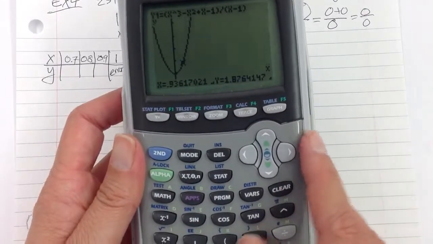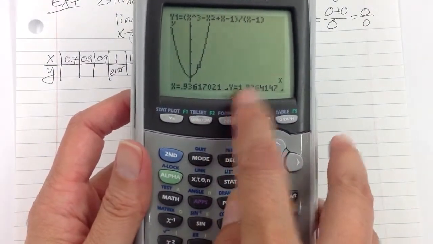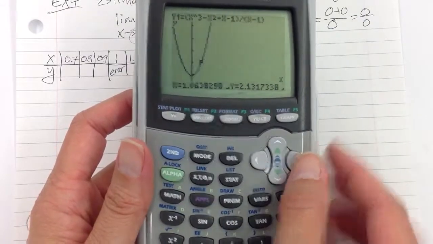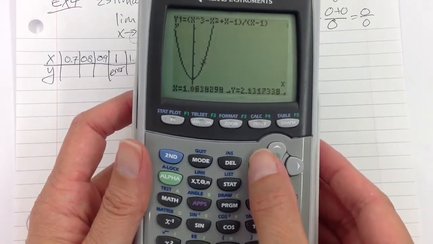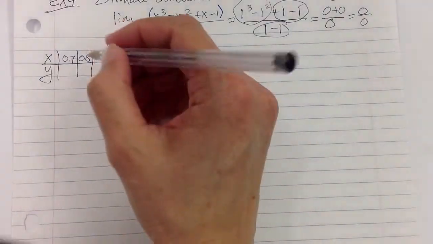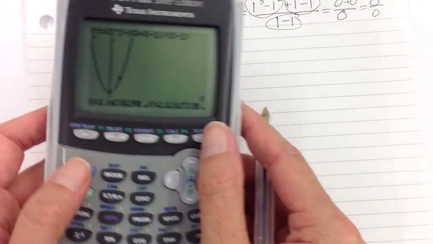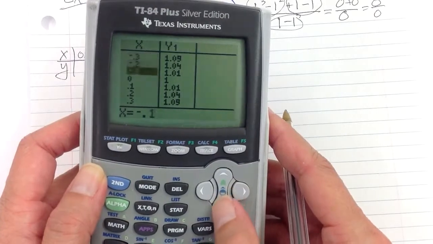So there we go. I'm getting closer to 1, and it looks like it's getting close to 2. So as I go in to 1, it goes right over 2. So yeah, it's approaching 2 as I get closer and closer to 1. So these values are, let me go to my table setting, and you can see I want to go down to 1.